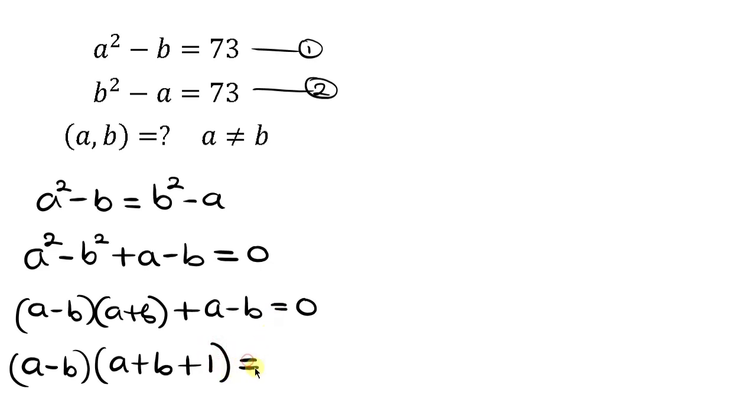And this is equal to 0. Now using the zero product rule, we have a minus b equal to 0, and a plus b plus 1 equal to 0.